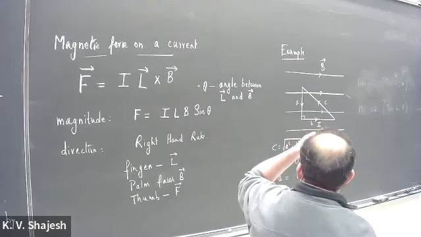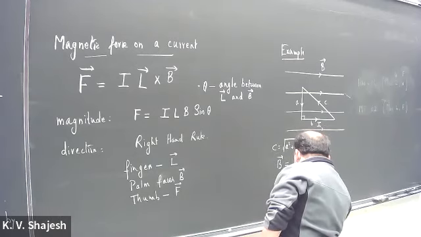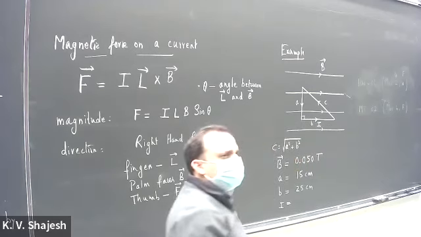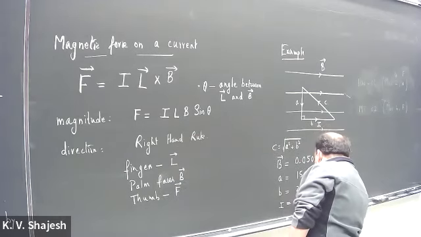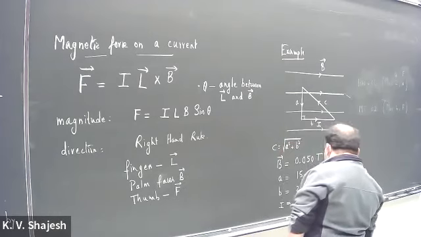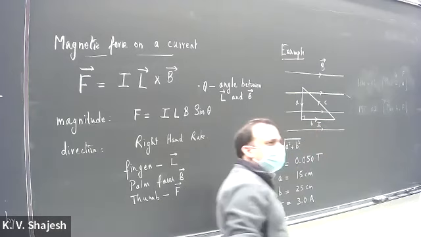And so A, B, what else do we need? And the current, how much is the current passing through this? Let's say that's about 3.0 amps. It's a large current, 3 amps.